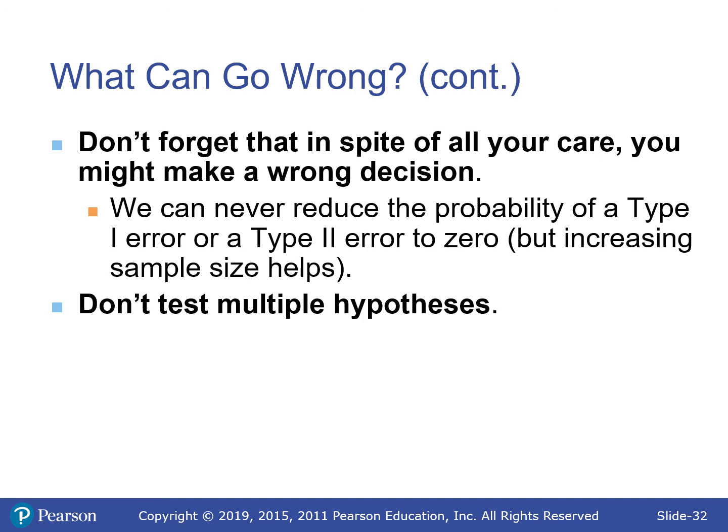And so continuing to run the tests until you get the result you're looking for, yes, likely, eventually you will get it, but that is a fluke. It doesn't mean that that's actually a good result. So don't test multiple hypotheses or run tests over and over and over again.